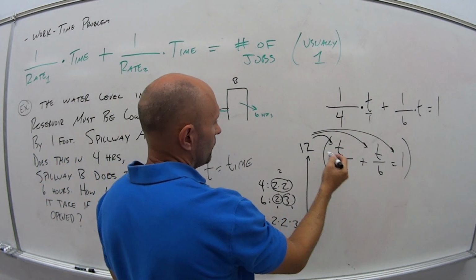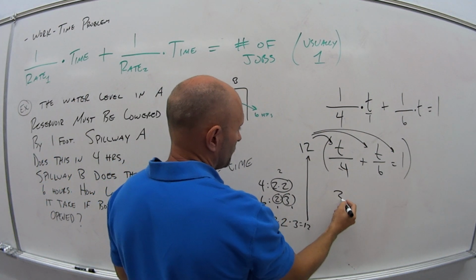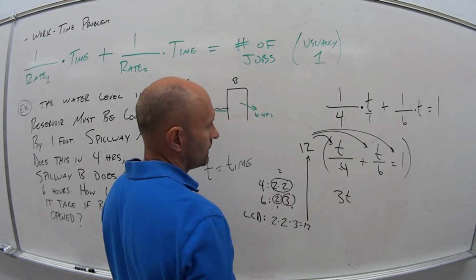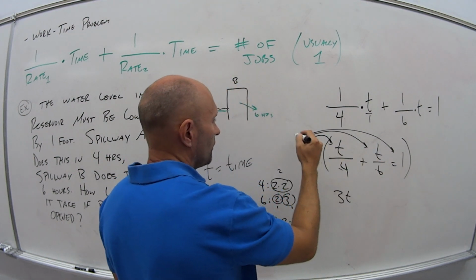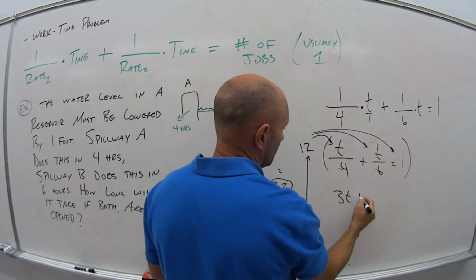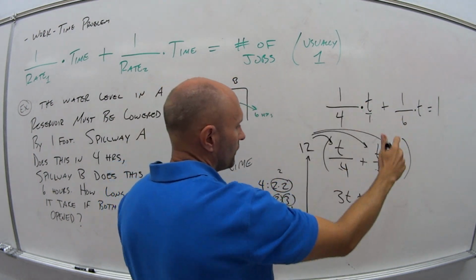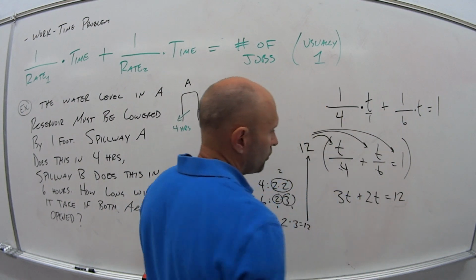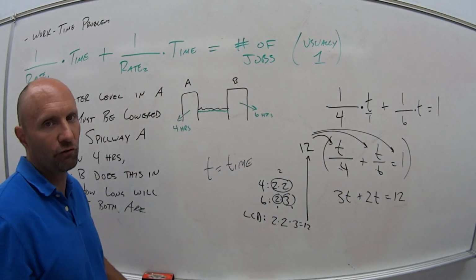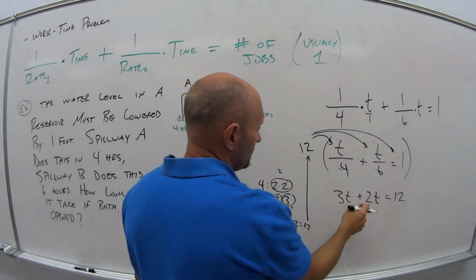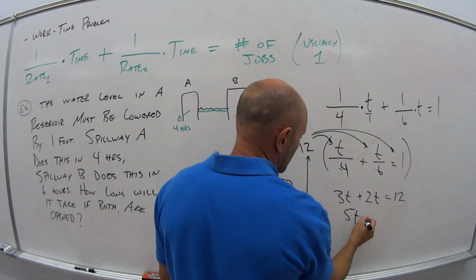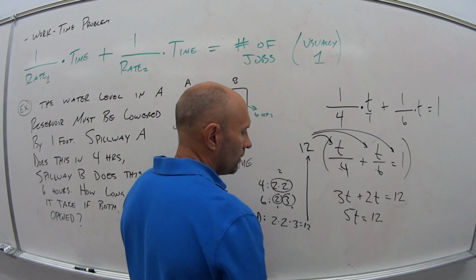So here the 4 and the 12 cancel out, leave me 3, so I get 3t. The 6 and the 12 cancel out, give me 2, so 2 times t is 2t. Don't forget the other side, 12 times 1 is 12. Now it's a real straightforward problem, right? 3t plus 2t is 5t is equal to 12.